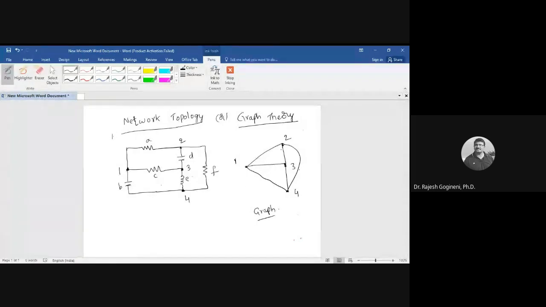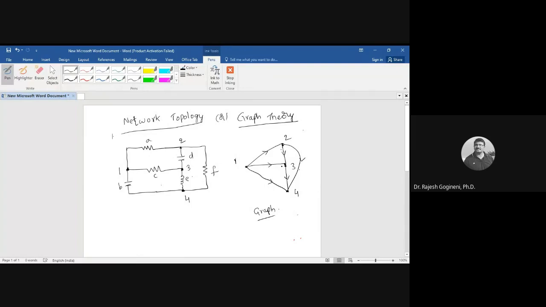And here no direction is indicated. Is there any direction? No. So it is called an undirected graph. That means there is no direction. Suppose if I indicate the current direction like this, currents also.